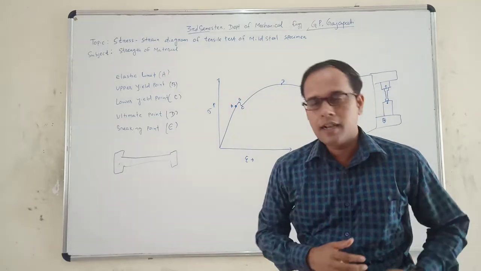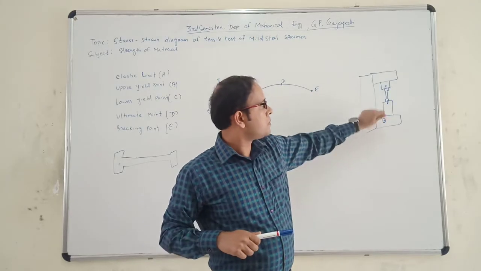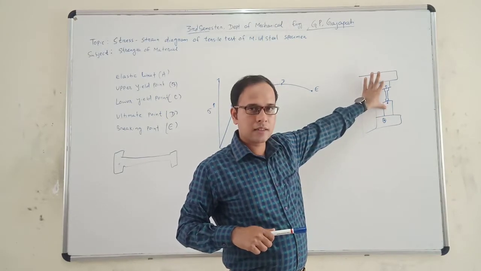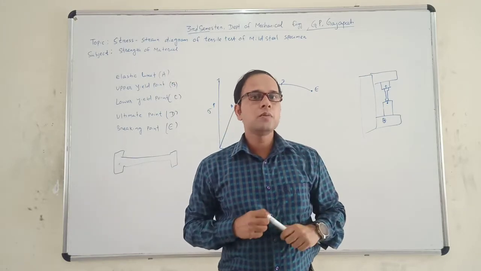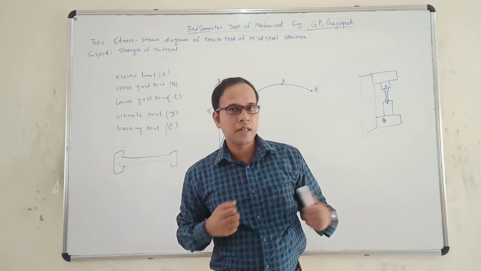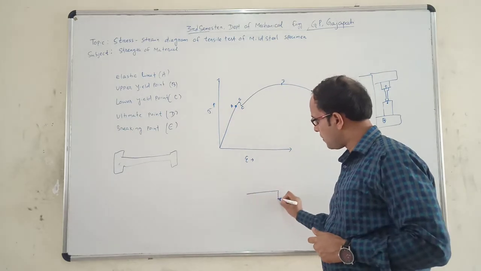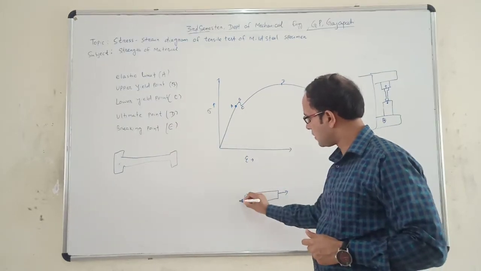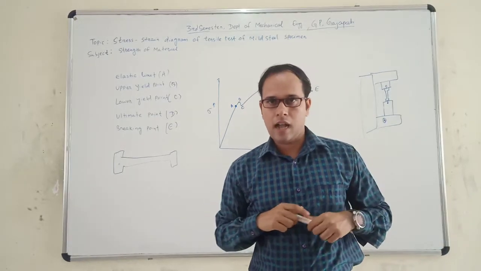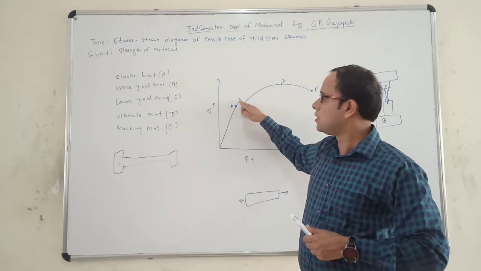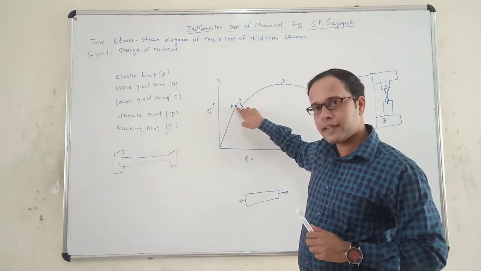How do the points occur? Let us discuss. Due to the application of tensile force, a certain stage will be there, a certain point. If we remove the load before that point, then the body will regain its original shape. Suppose we are having a body like this, and up to point A, let us say we apply 10 kilonewton.